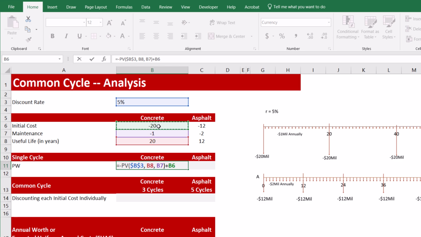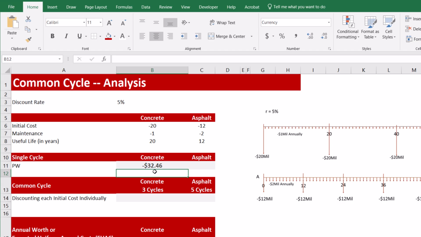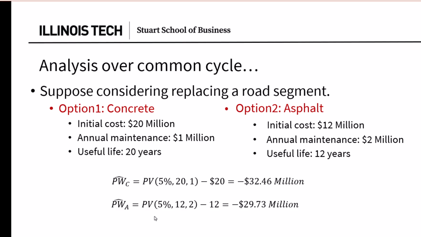This is going to give us the present worth of just this first cycle. When we do that, we're going to get the negative 32 million cost. Then if we autofill here, we're going to get the cost of one cycle of the asphalt option, which is what we found originally, the 32 million and the 29 million.